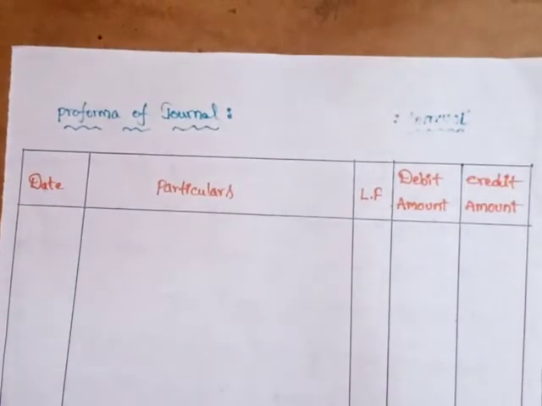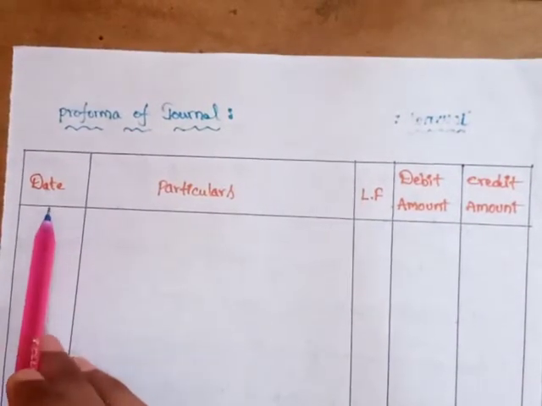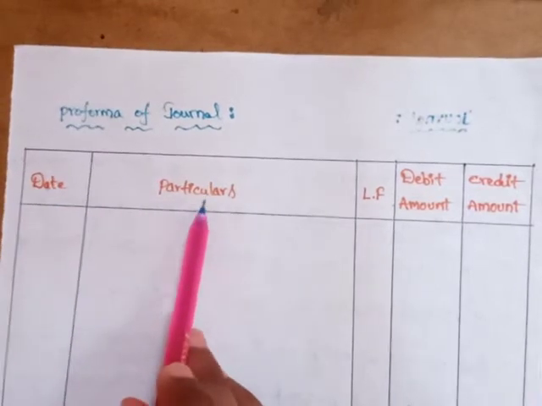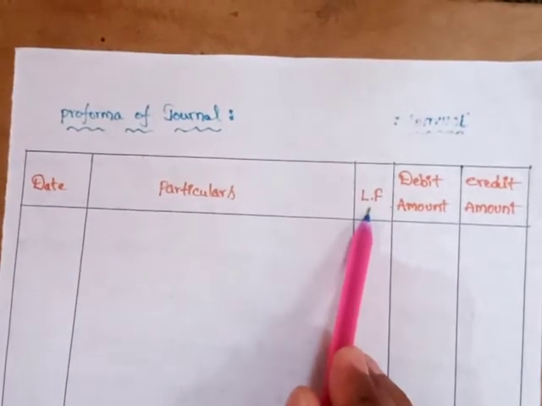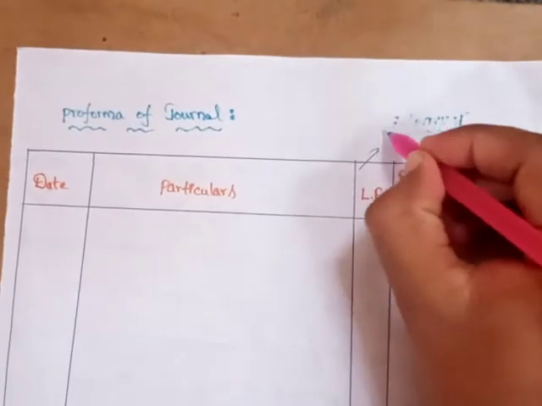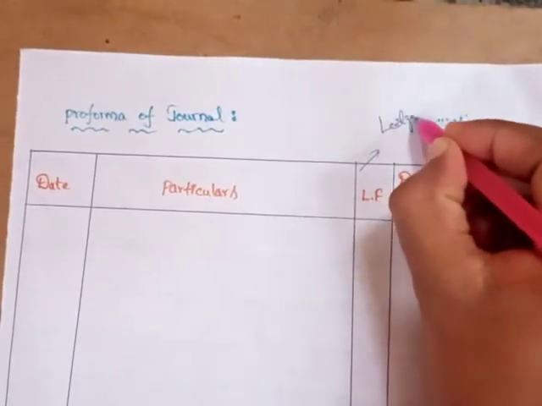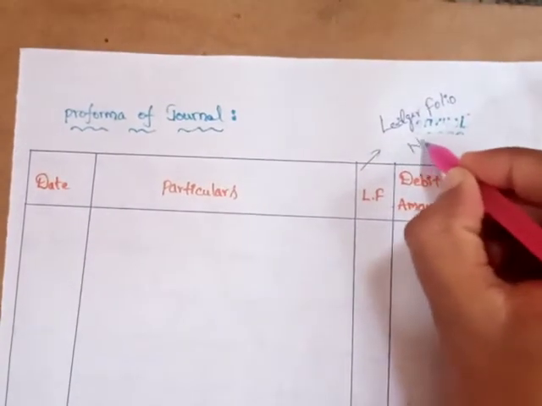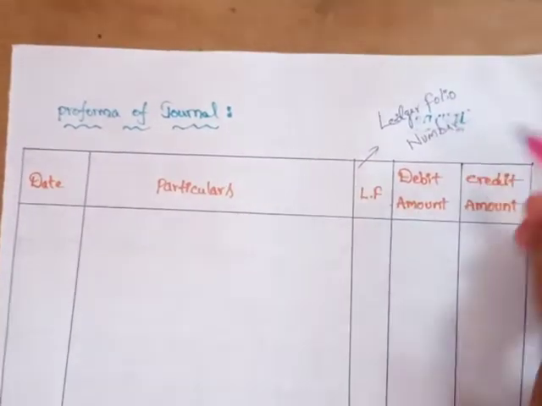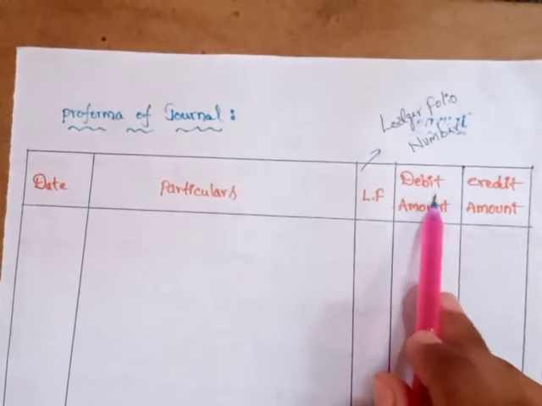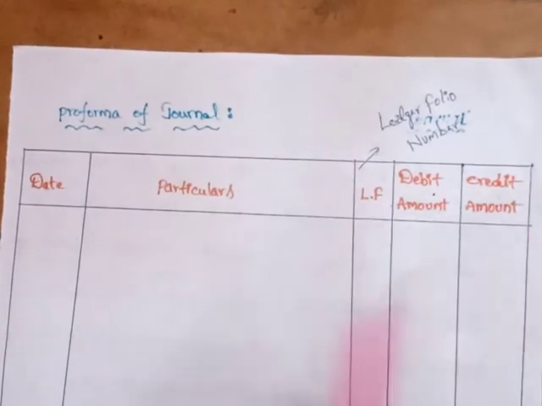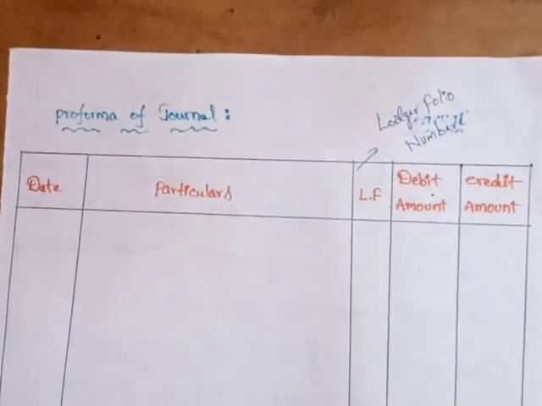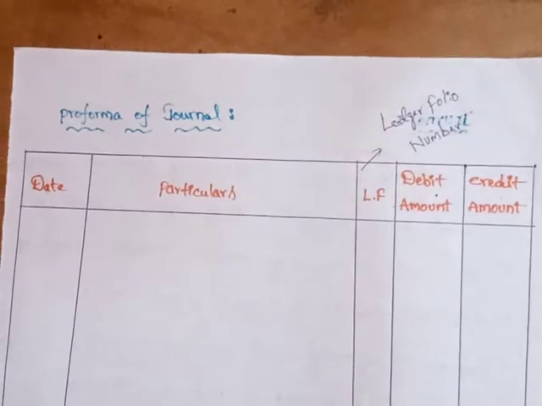So once again, there are 5 columns. One is date column, second one is particulars column, third one is ledger folio number. Next column, debit amount, credit amount. So these 5 columns are there in journal book.